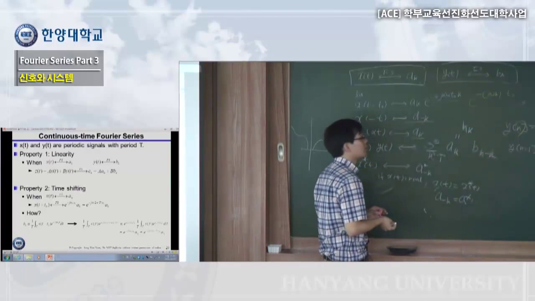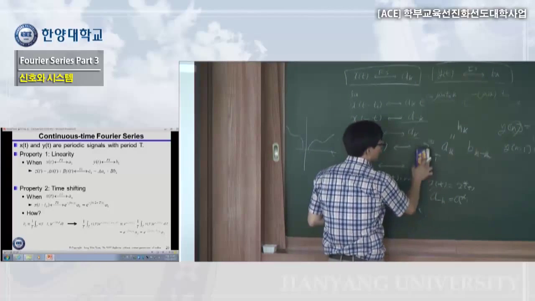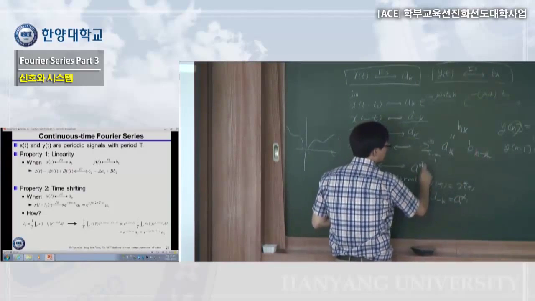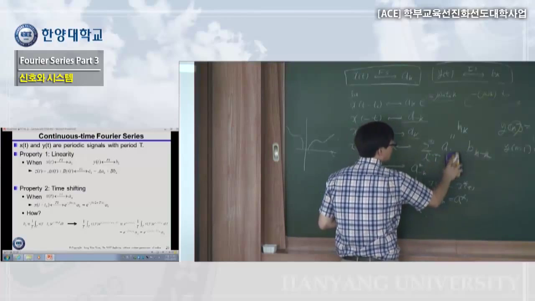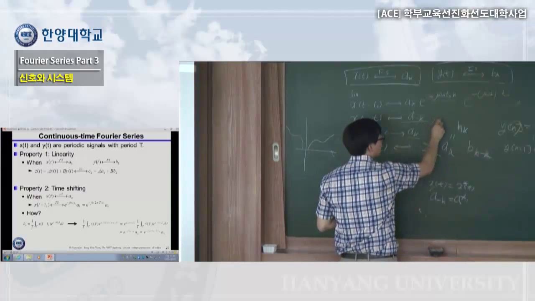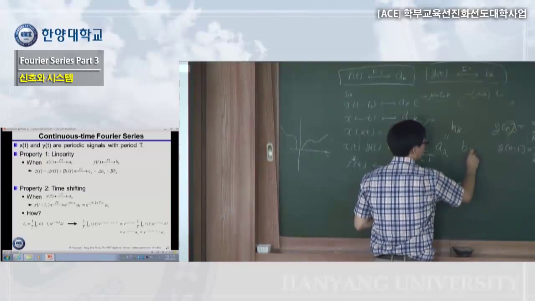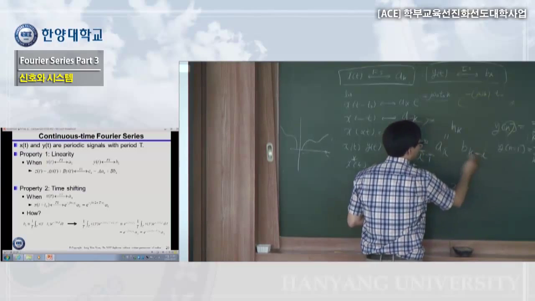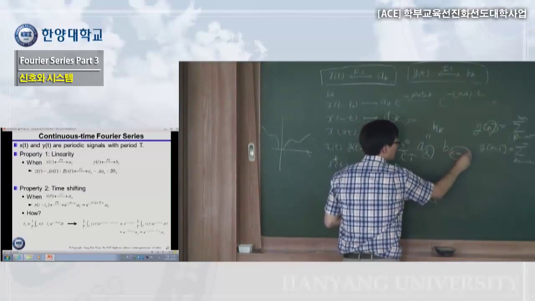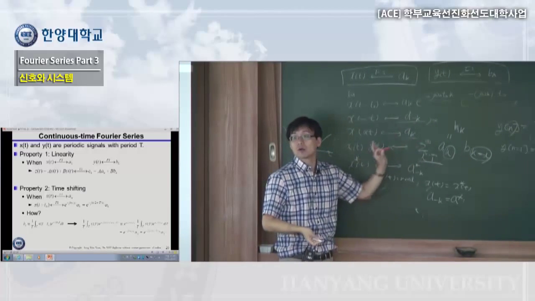To find h when k has a certain value, we add I. I is a new variable. I is not j. Say we have I, k minus I from minus infinite to infinite, which is the same structure as the convolution.